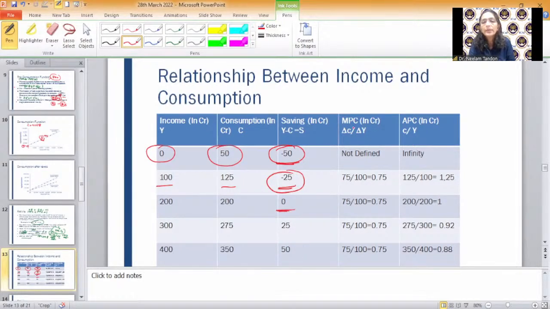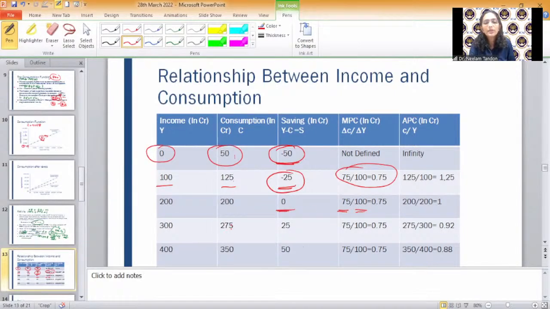How do you calculate MPC? MPC is change in consumption to change in income. You can calculate here: change in consumption, 125 minus 50 is 75. 100 minus 0 is 100. So 75 by 100 is 0.75. Then 200 minus 125 is 75, and 200 minus 100 is 100.